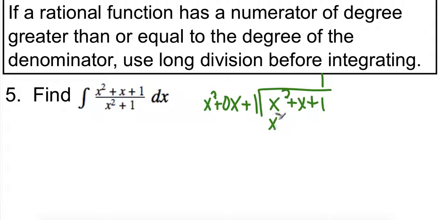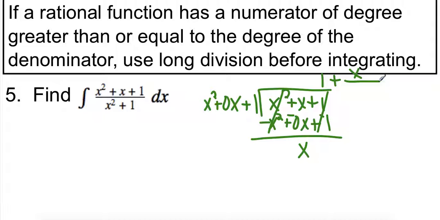That's going to give us x squared plus 0x plus 1. Draw the line and change the signs. That cancels. That gives us an x, and that cancels. So we have a remainder of x. So we do x over whatever we divided by, x squared plus 1. So using long division, we can rewrite this thing as 1 plus x over x squared plus 1.